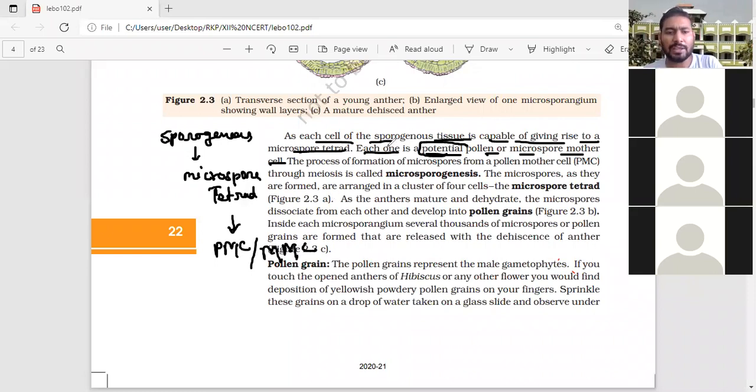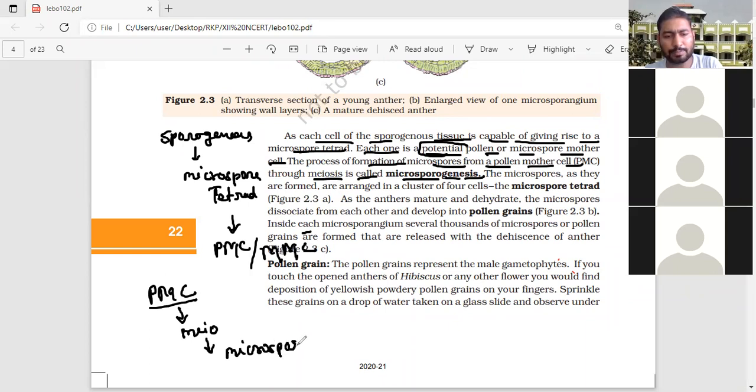So now they have given the process of formation of the microspore from PMC through meiosis. It is called microsporogenesis. Now this PMC, pollen mother cell, also undergoes meiosis, and they go to formation of the microspore. This phenomenon is known as microsporogenesis.